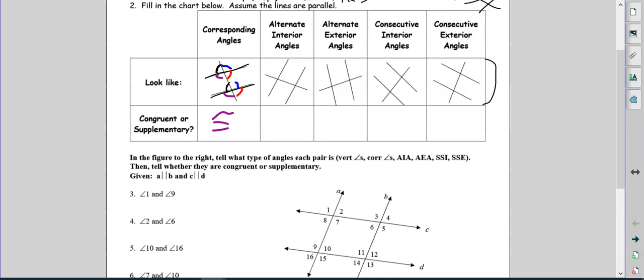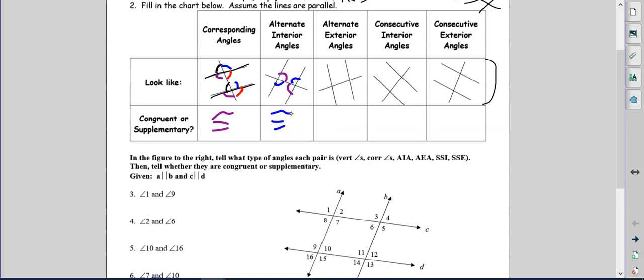So alternate interior would be this angle here and this angle there. Or this angle here and this angle here. And those are also congruent.